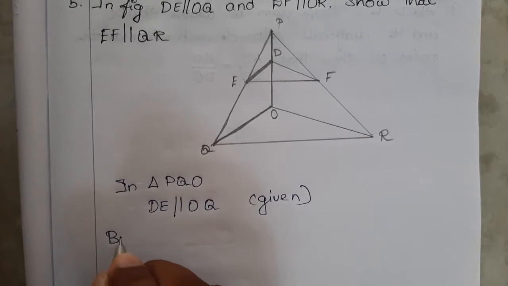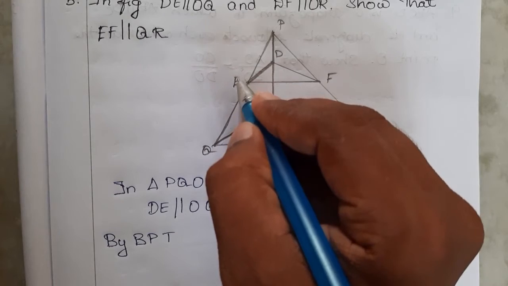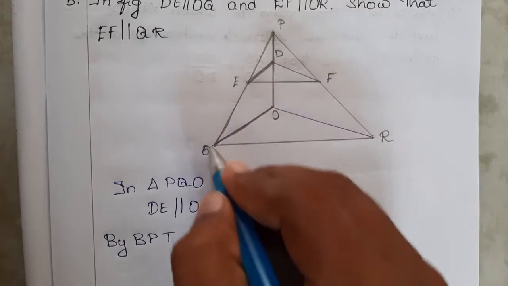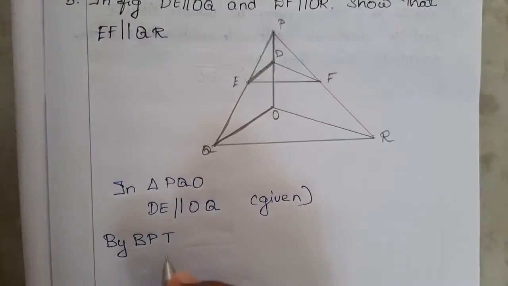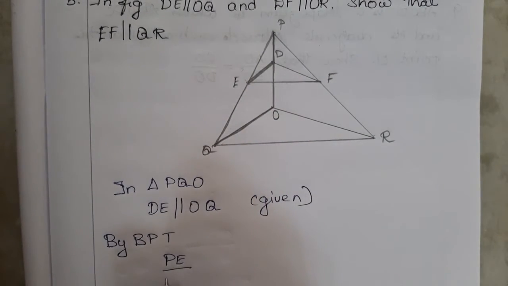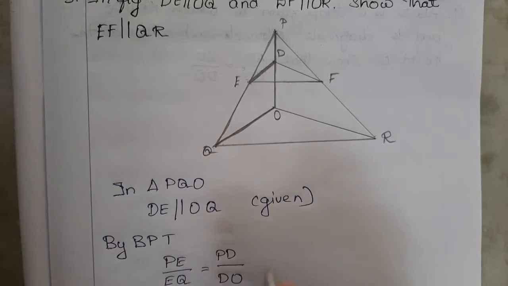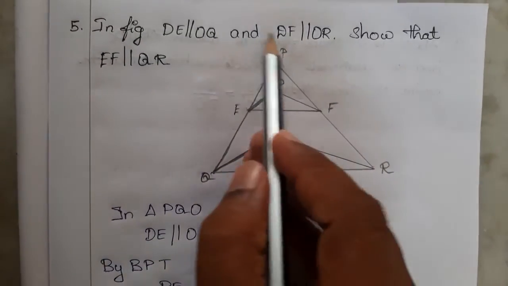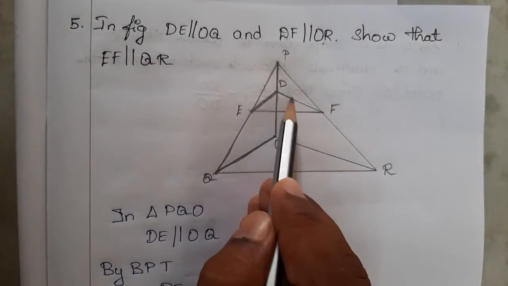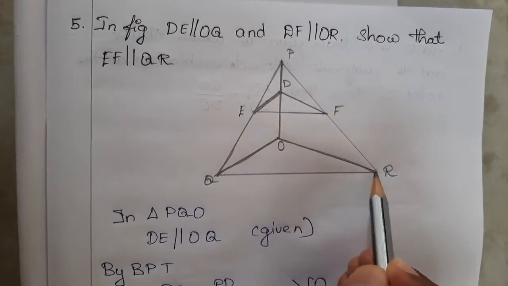So by BPT, PE divided by EQ is equal to PD divided by DO, right? So let it be equation 1. The same way, another condition is given. DF is parallel to OR. This comes under the triangle POR, right?